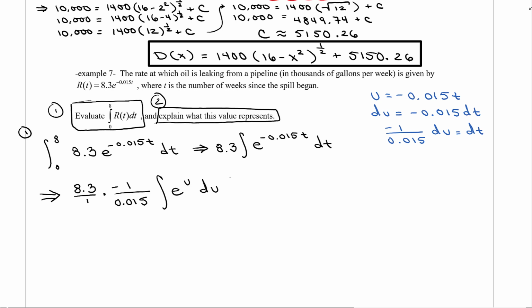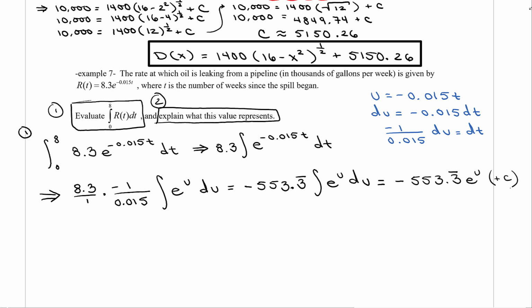This represents all my substitutions for my u substitution so that I can integrate it. So this is equal to negative 553.3 repeating times the integral of e to the u du. And then this will be equal to negative 553.3 repeating times e to the u and then plus c.